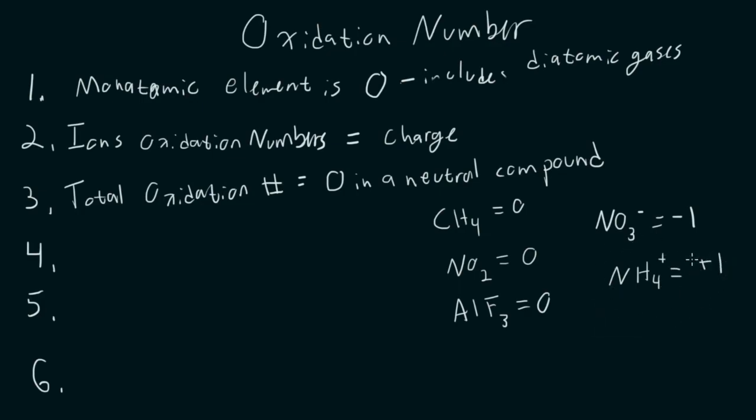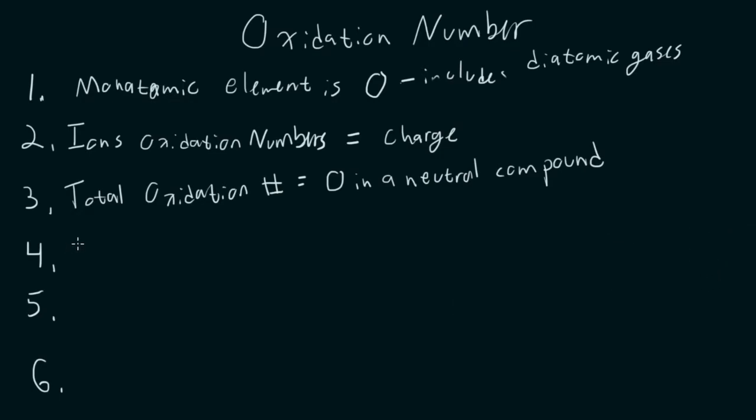Okay? Next. Our fourth rule is for hydrogen. Hydrogen is going to be +1 except in a hydride. And hydrides are going to be things like if I've got CuH2, where hydrogen is acting as the anion. We have not seen this, and in this course, we won't see this.